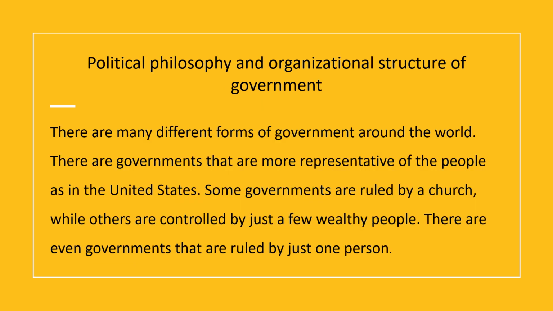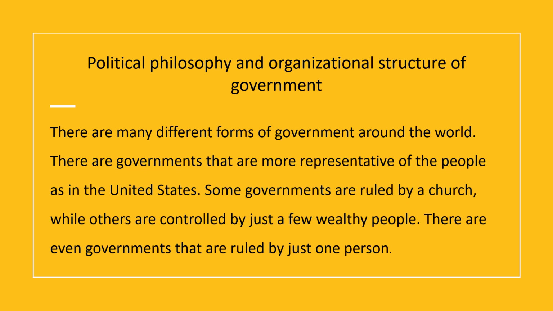Now, there are many different forms of government around the world. There are governments that are more representative of the people, such as in the United States. There are some governments that are ruled by a church or other religious institution, while still other governments are controlled by just a few wealthy people.